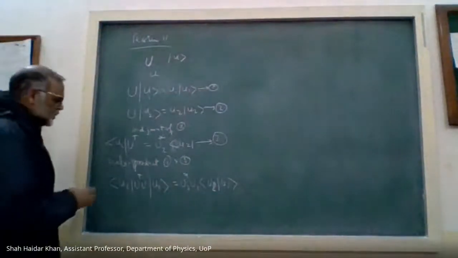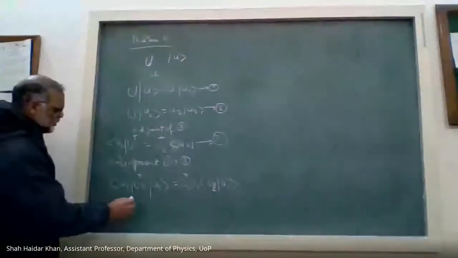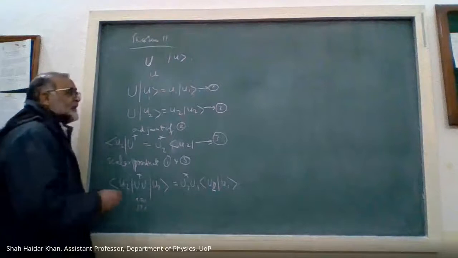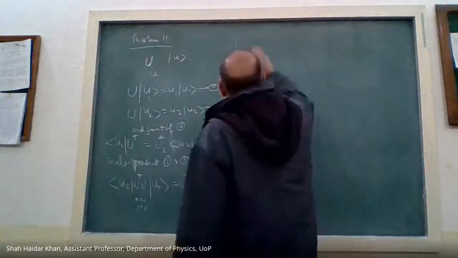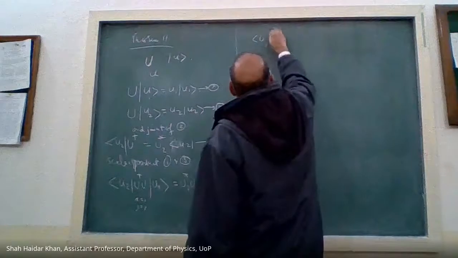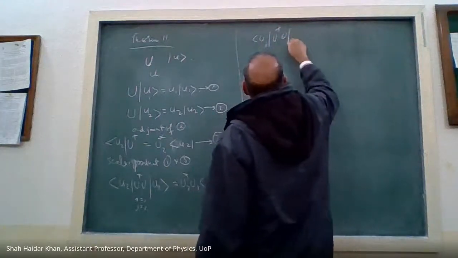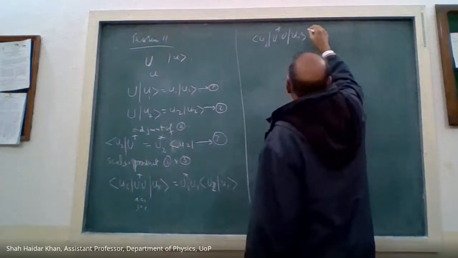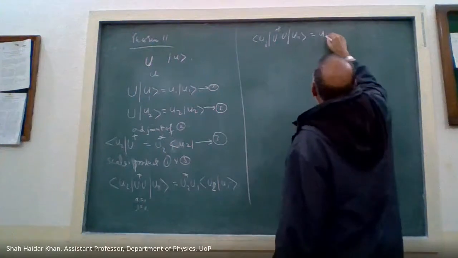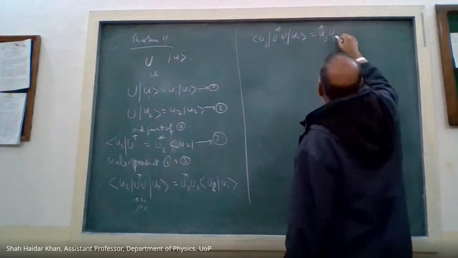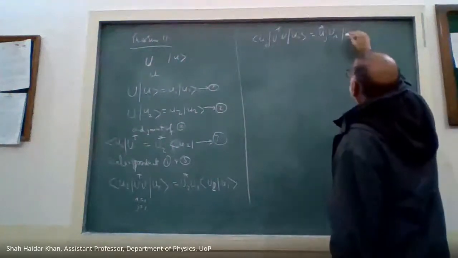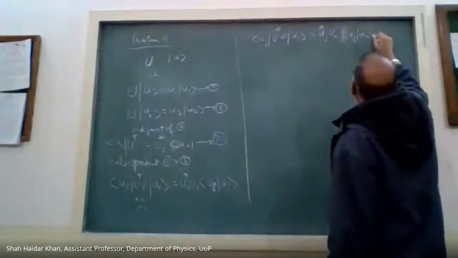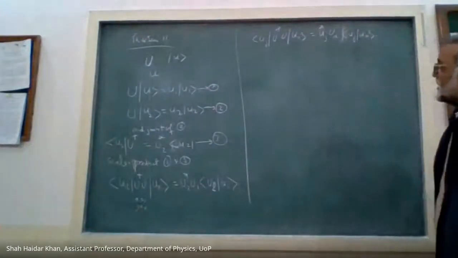Okay, so suppose we generalize it. Suppose i is equal to 1 and j is equal to 2. So we can write them like u_j and U dagger U u_i is equal to u_j and then scalar quantity u_i, right?